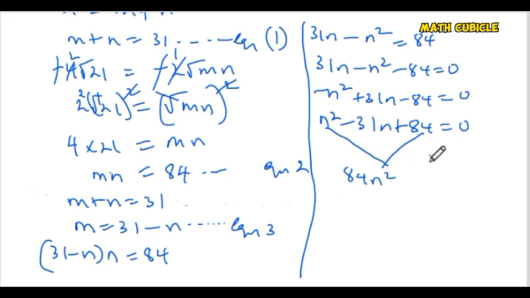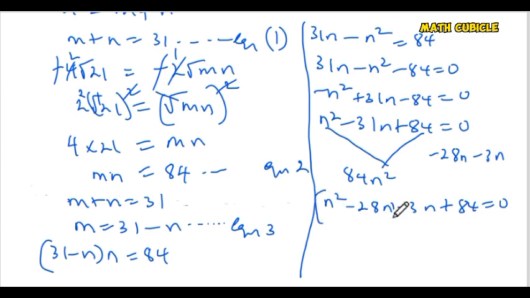They are minus 28n and minus 3n, because minus 28n times minus 3n will give you plus 84n squared, and when you sum this up you have minus 31n. So this becomes n squared, you remove minus 31n and replace with minus 28n minus 3n plus 84 is equal to 0.